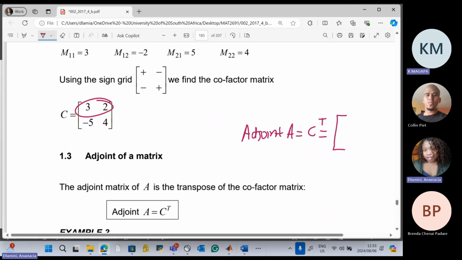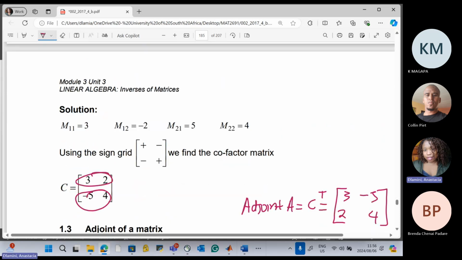The rows become the columns. This is called the cofactor of matrix A. Once you transpose the cofactor of matrix A, you get what you call the adjoint of matrix A. Are we all together in this?